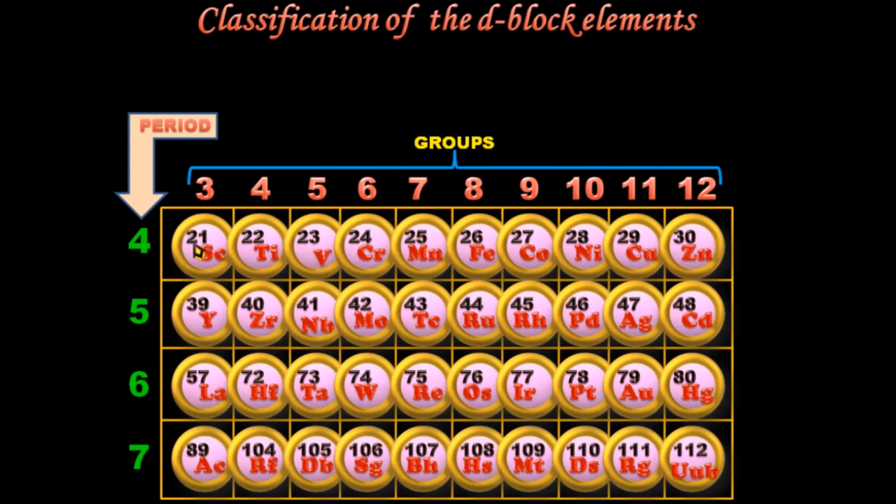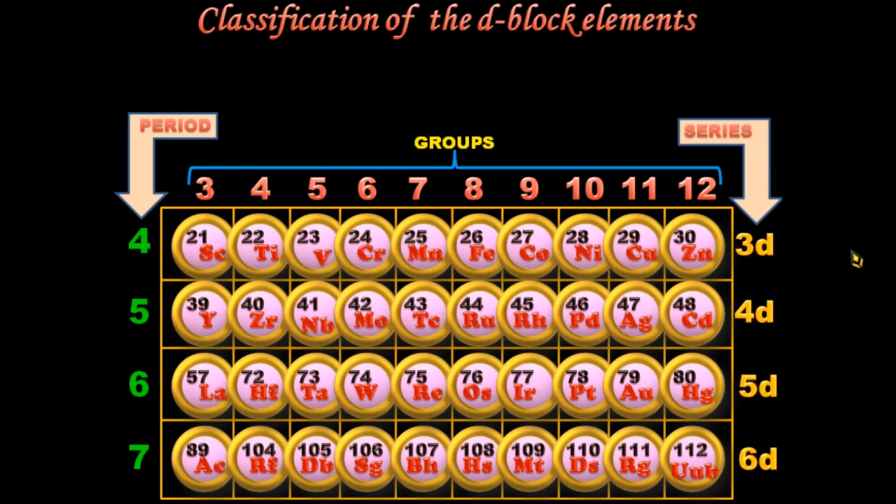The electron of the elements belonging to the 4th period, the first transition series, enters the 3d orbital, so it is called the 3d series. The electron of the second transition series enters the d orbital of the 4th shell, so it is called the 4d series.